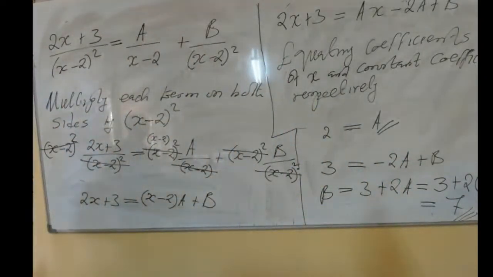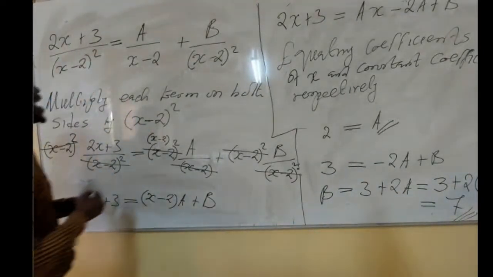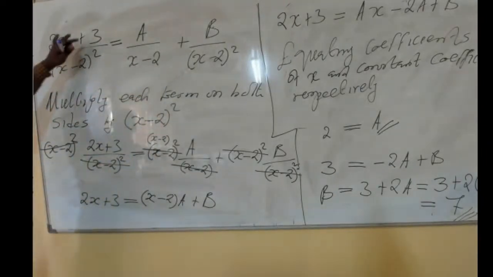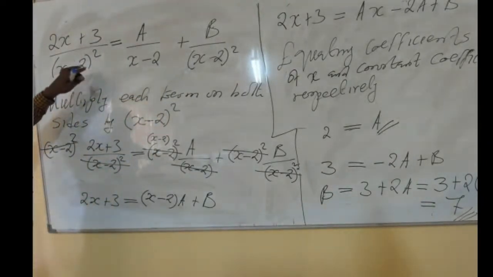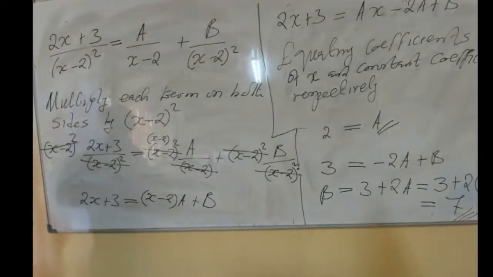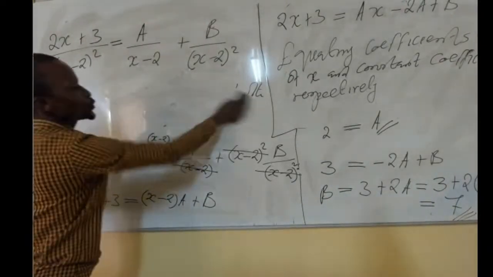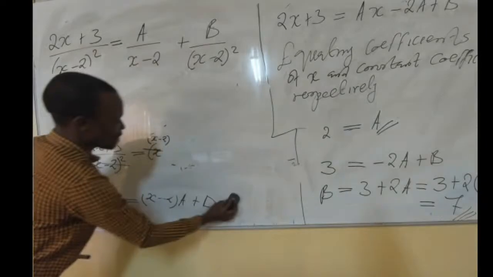Now, after finding your values of a and b, you substitute them. Our a is equal to 2, so the expression (2x + 3) divided by the square of (x − 2), which we wrote in partial fraction form as a divided by (x − 2) plus b divided by the square of (x − 2), we can now substitute the values of a and b that we have found.